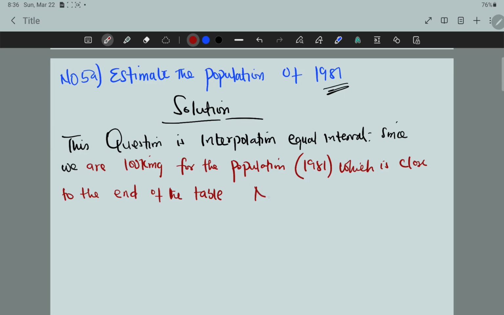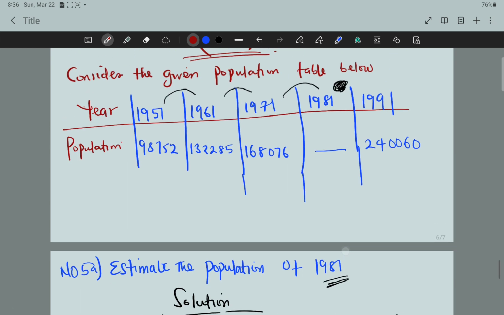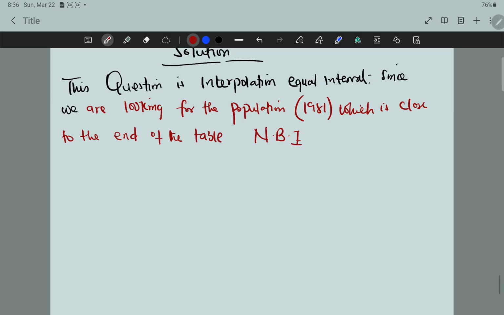So we use NBI, because we are close to the end of the table. Newton backward interpolation. Do you understand me?